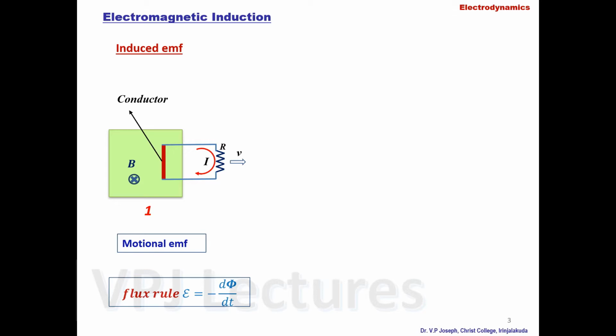The first example that we considered earlier is the movement of a conductor with a velocity v in a magnetic field B. As it moves, a current flows through the conductor in order to oppose the change in magnetic field associated with the circuit, and the induced EMF is given by E equals minus d phi divided by dt.